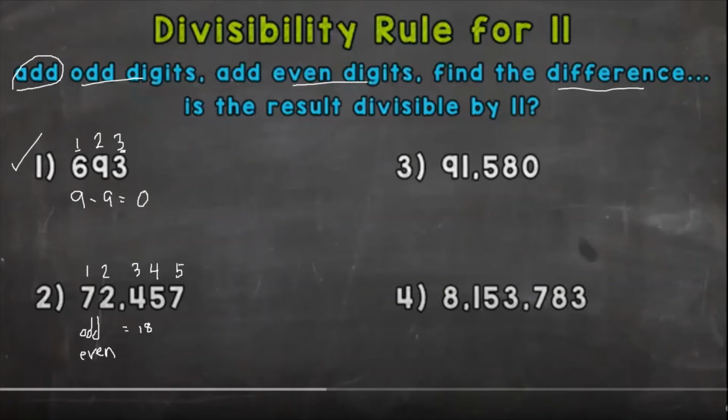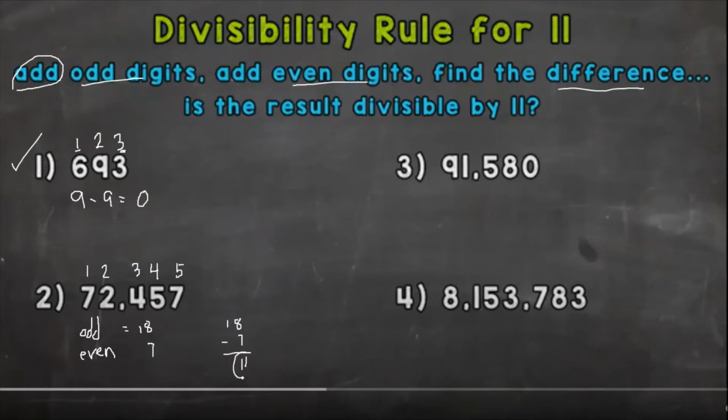Next, how about the even digits? Our even digits here are 2 and 5. So 2 and 5, that is 7. And then we're going to find the difference. So 18 minus 7, the answer is 11.